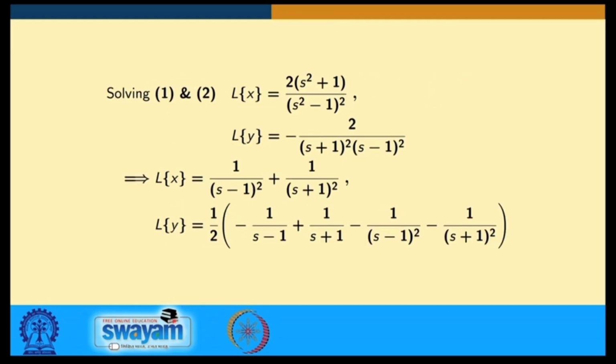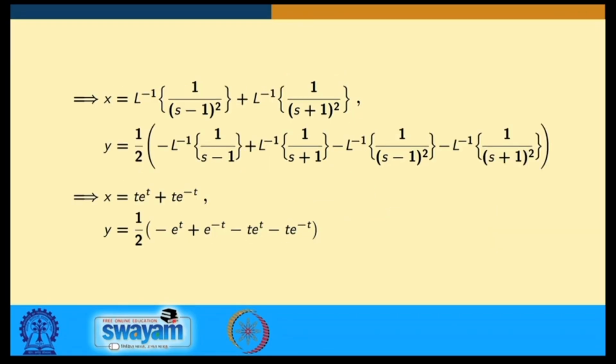By solving these two equations, I can tell what the Laplace transform of x and the Laplace transform of y are. And from there, I can write down the Laplace inverse, just by breaking it into parts. And from here, I can tell what my x and my y are, which I have already written.